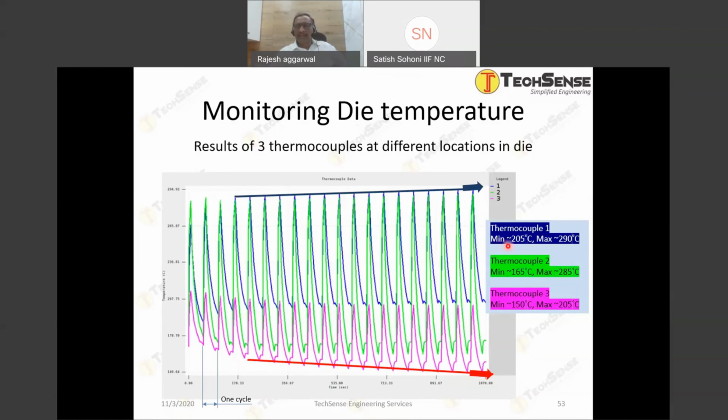Thermocouple 1, the minimum temperature is 205, maximum is 290. Thermocouple 2, the green one, the minimum is 165, the maximum is 285. Thermocouple 3, the magenta color, the minimum is 150, the maximum is 205. So these are the actual readings from one of the dies running in production, where we put up the thermocouples and took these readings.